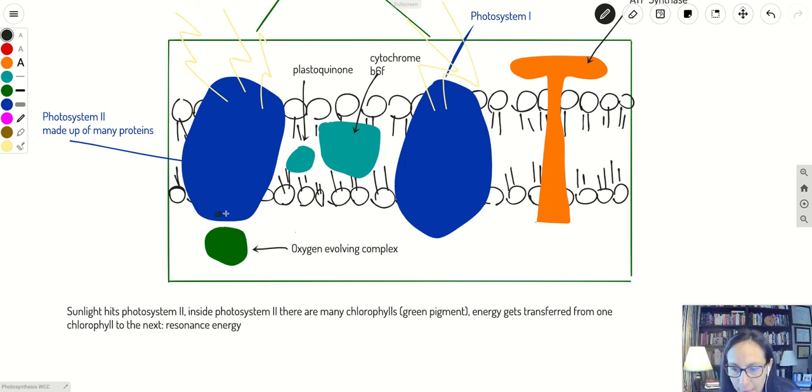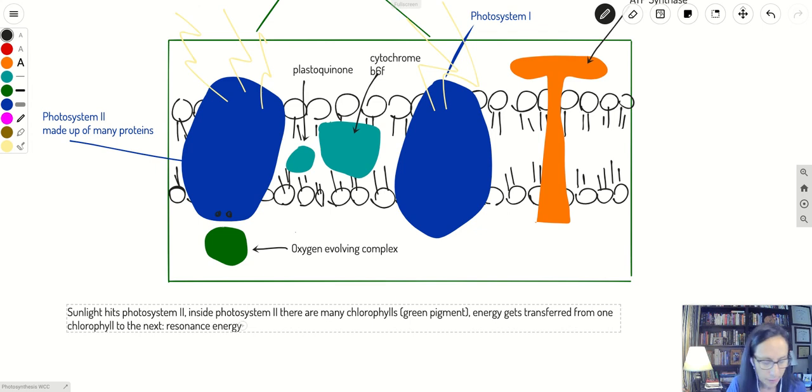two little black dots here. And these two little black dots are electrons. Okay, so I'm going to write this down here. At the bottom of photosystem 2, there are two chlorophylls with electrons, okay?